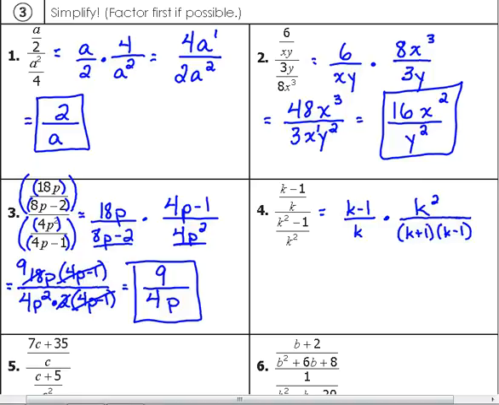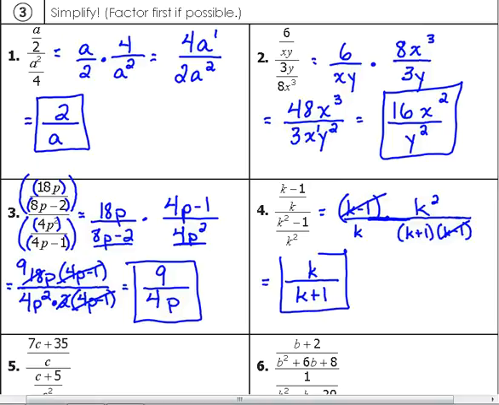So are we okay if I extend this line right here and put parentheses around my k minus 1 so that I can cancel? K minus 1, I've got that in the top and the bottom. I've got k squared over k. That leaves me with just a k in the top, and then k plus 1 is left in the denominator.